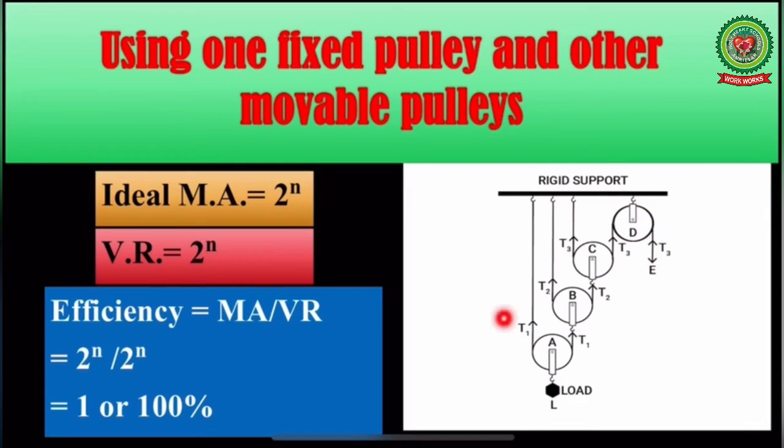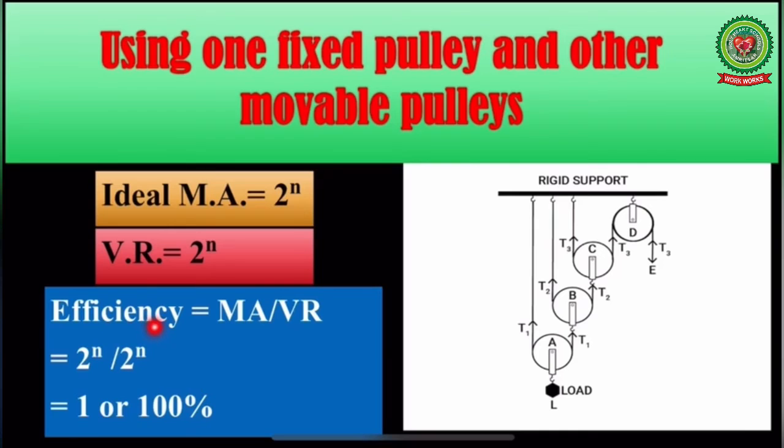In this case, ideal mechanical advantage is equal to 2 raised to power n, where n is the number of movable pulleys. In this diagram, the number of movable pulleys is 3. So its mechanical advantage will be 2 raised to power 3, which is 8. Velocity ratio is always equal to 2 raised to power n. This is the general formula to find the velocity ratio in this case.